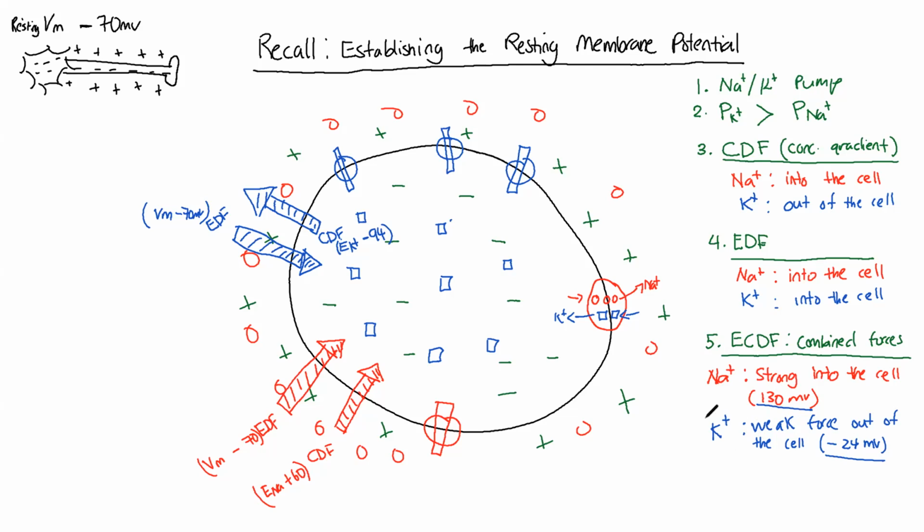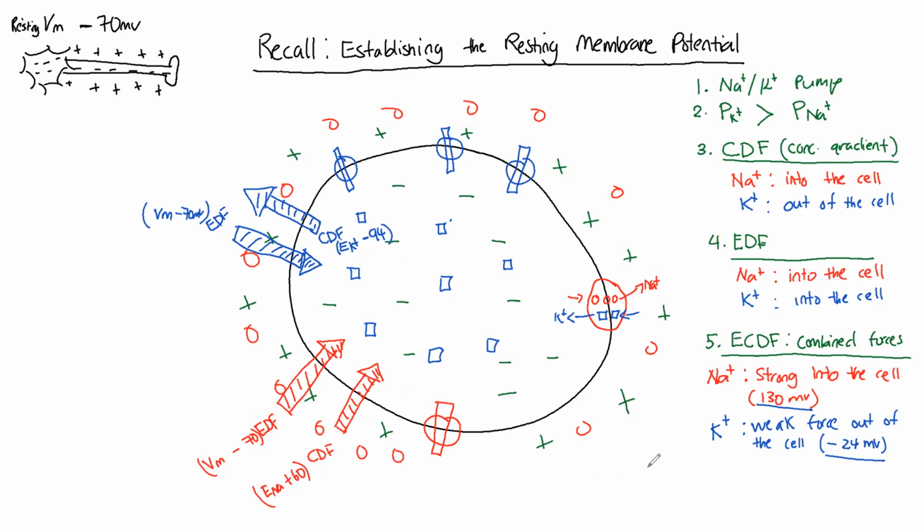But we now want to also think about the differing permeabilities. Because sodium really wants to get in, but it has fewer channels to do so, and potassium trickles out, but it has more channels to do so, this creates a balancing of the inflow of sodium with the outflow of potassium. Okay, and this is how we get to that steady state, and we no longer see accumulation of these ions on either end.